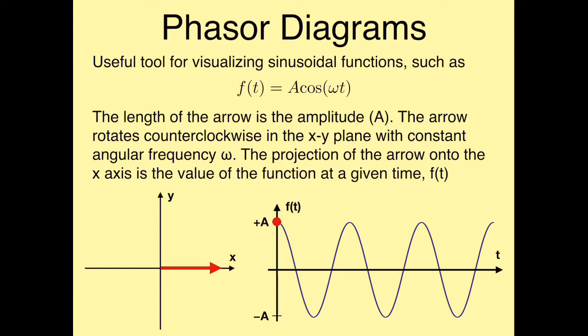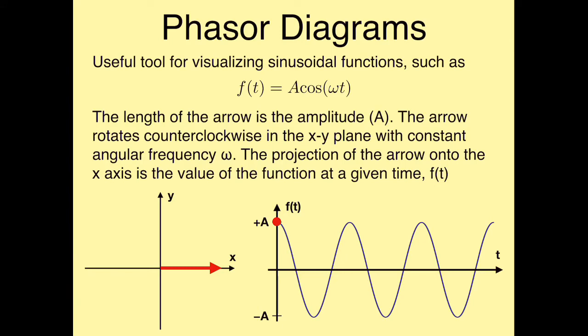Well, if we actually plot that out, again, we start at a value of A, we go to 0, then to negative A, then back to 0, then back to A, and then just repeat that because the arrow keeps spinning around. This is just a cosine function plotted out.